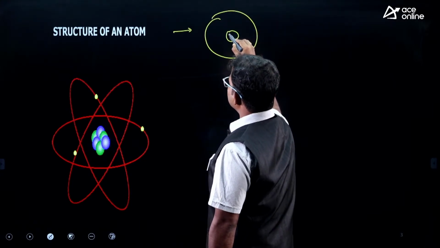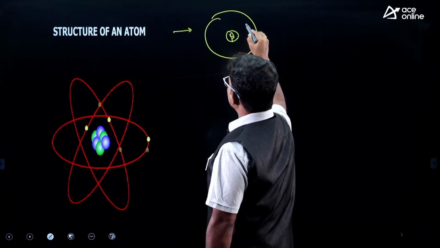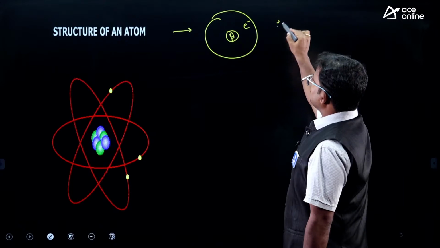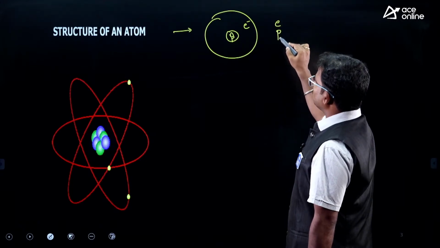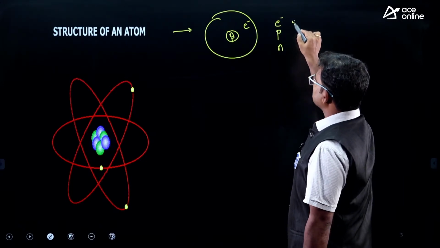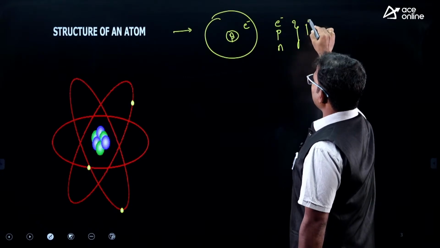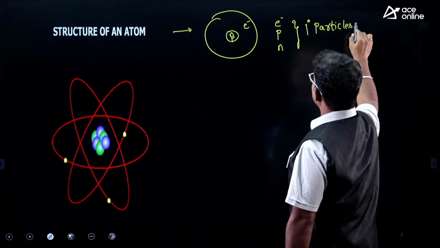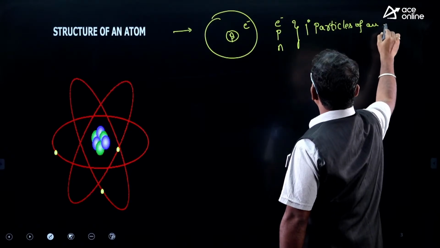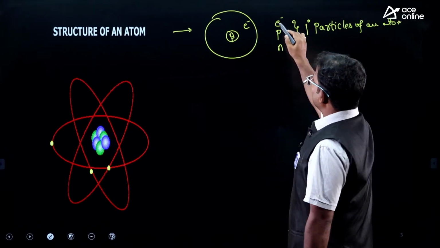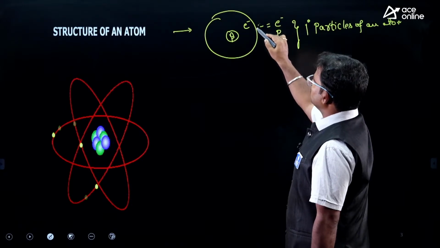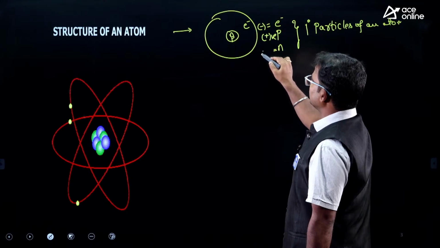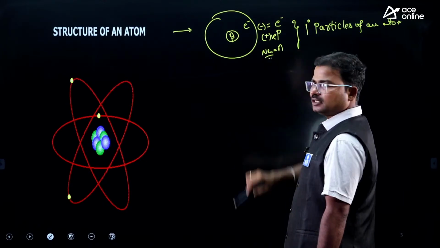In this nucleus, neutrons and protons, and next here we have electrons. These three particles, electron, proton, neutron, are called the primary particles of an atom. Electrons exhibit negative charge, protons exhibit positive charge, and what about the neutron? Neutral in nature, it does not have any charge.